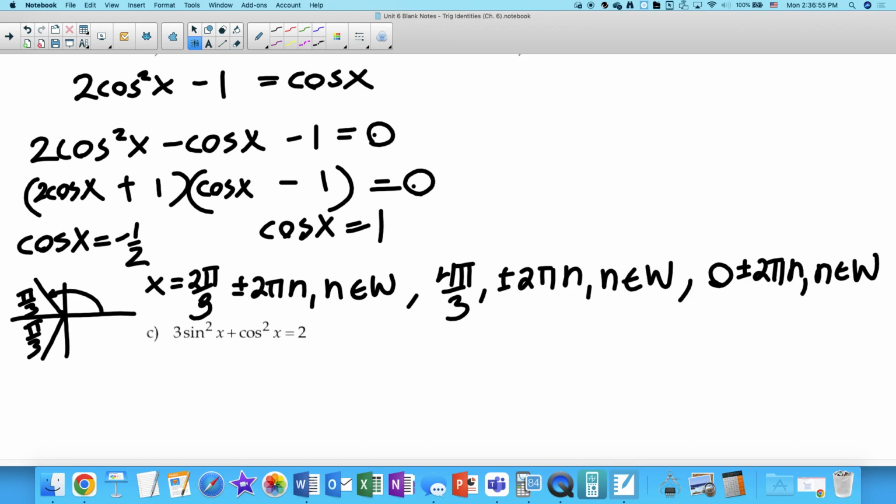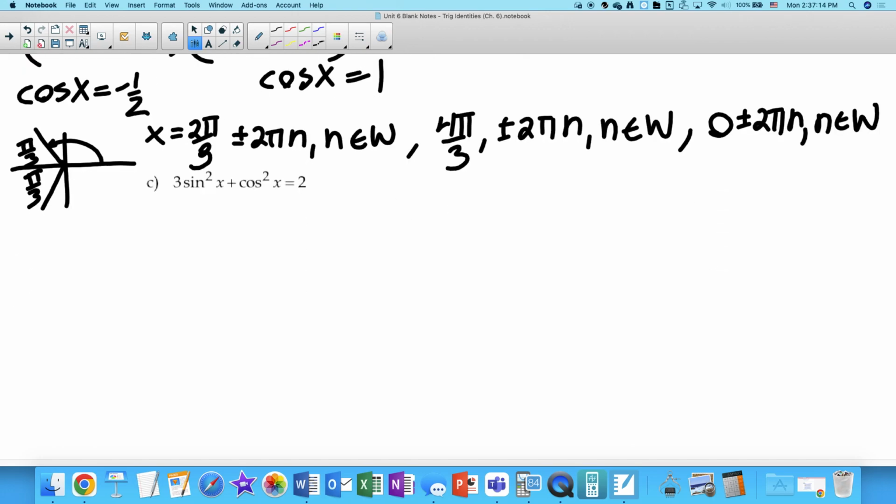Okay, now where this can get a little bit tricky is I could actually write this as one single solution if I wanted to. Because think about a peace sign. Our solution is basically here, here, and here, right? So think about that. There's an even spacing between it.